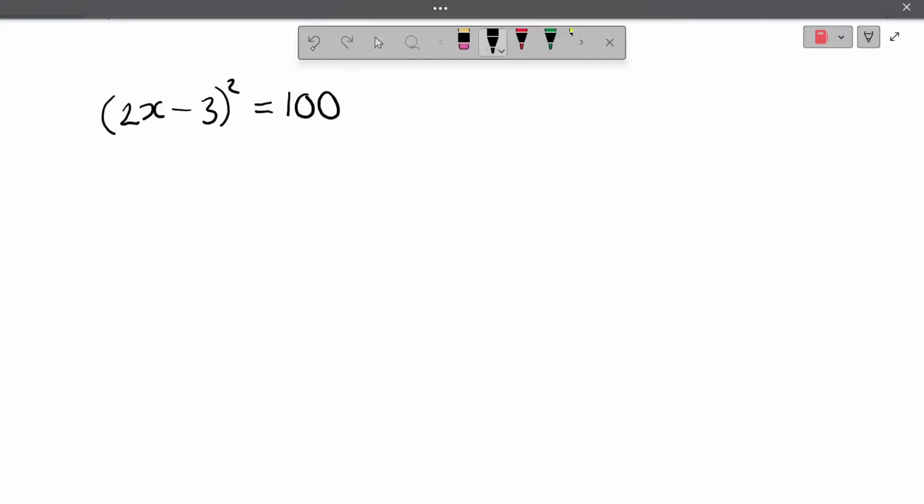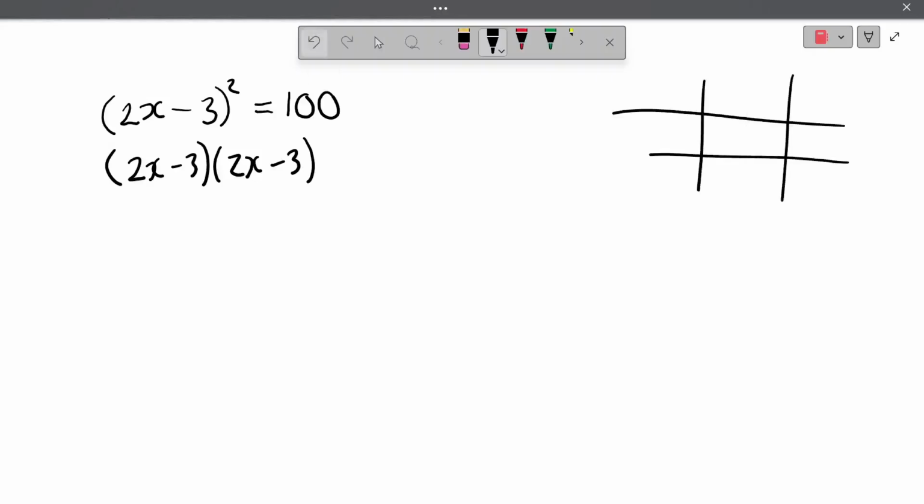So this question is a little bit different, where we have a 2x minus 3 in brackets squared first, and then that equals 100. And the very first thing we need to do is expand out that bracket. And we have 2x minus 3 multiplied by 2x minus 3. And I like to use the grid way to expand out these brackets.